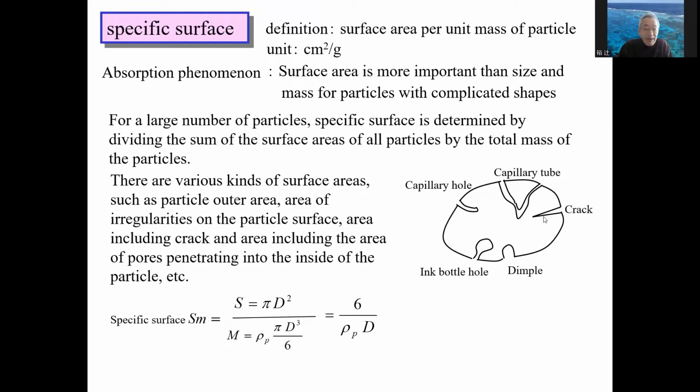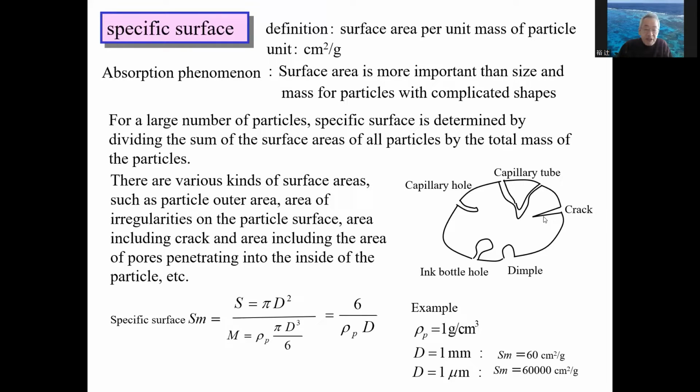When only the outer area of the particle is considered, the specific surface SM can be calculated by the formula written here. Let's consider the specific surface of a 1 millimeter particle and a 1 micrometer particle with a density of 1 gram over cubic centimeter.